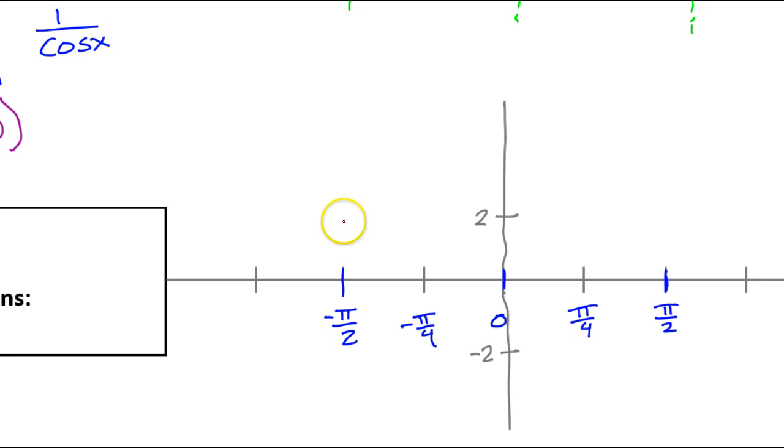Okay, we know that cosine starts off up high, and then it falls to the midline, and then it goes to its lowest point, and then back to the midline, and then its highest point. Alright, so I'm just going to very lightly sketch out the cosine function.